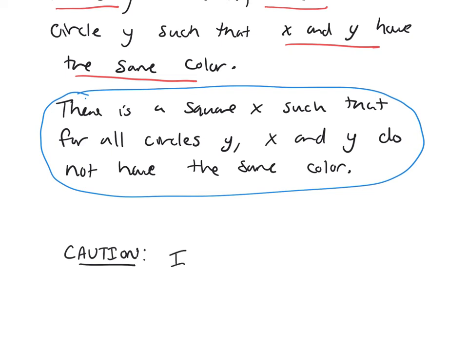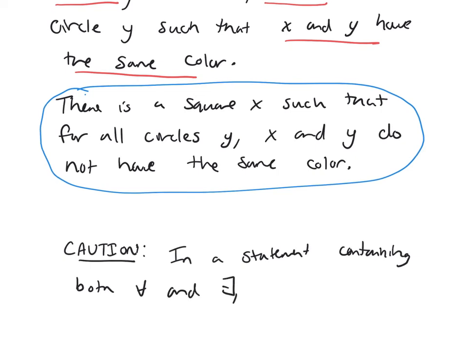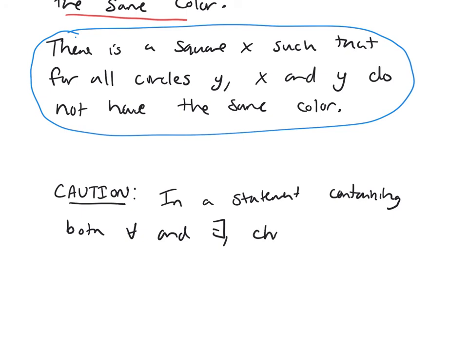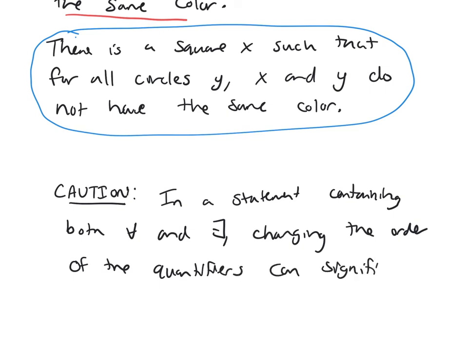In a statement containing both the universal and existential quantifiers, if you change the order of the quantifiers, it can significantly change the meaning of the statement.